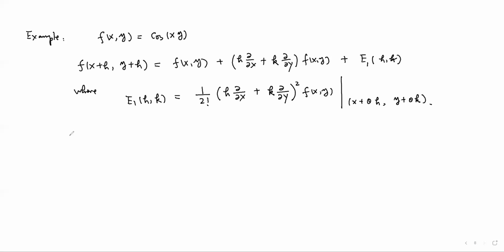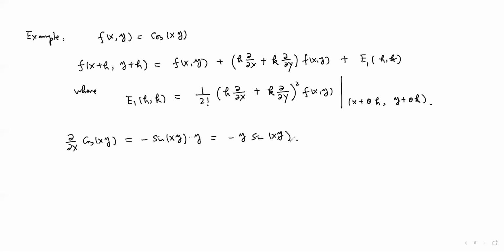Say partial x of cosine xy. To compute this partial derivative, consider y as a constant. By the chain rule, take the derivative with respect to x, so negative sine xy, then the derivative of x times y with respect to x, so times y. So negative y sine xy.